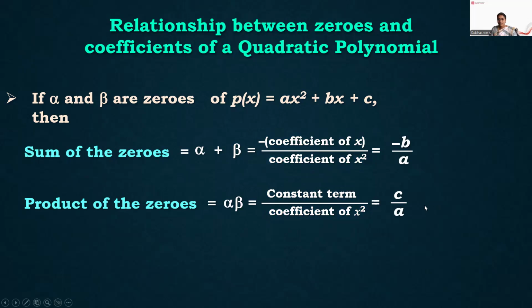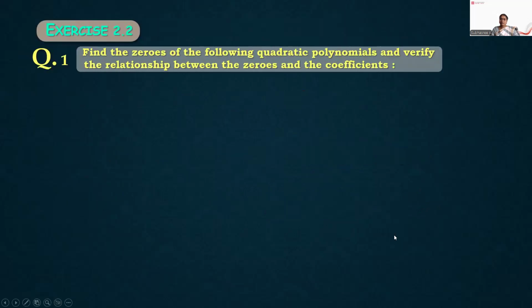Okay. You are clear? Alpha plus beta is equal to minus coefficient of x by coefficient of x square. That is minus b by a. Then alpha beta equal to c by a. Find the zeros of the following quadratic polynomial and verify the relationship between the zeros and the coefficients: x square minus 2x minus 8.